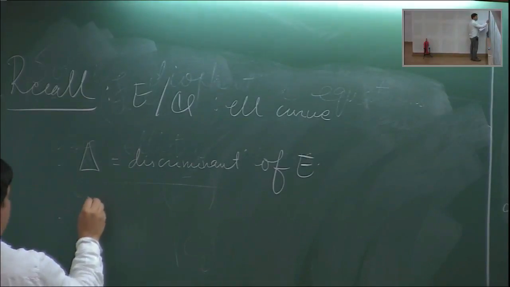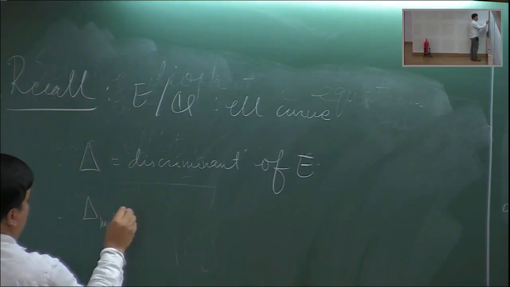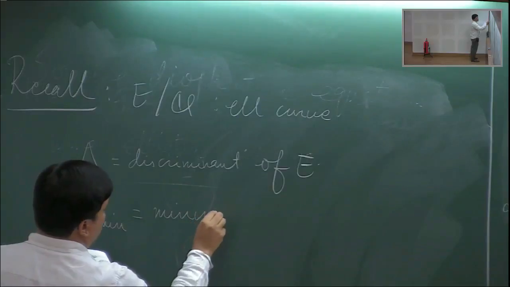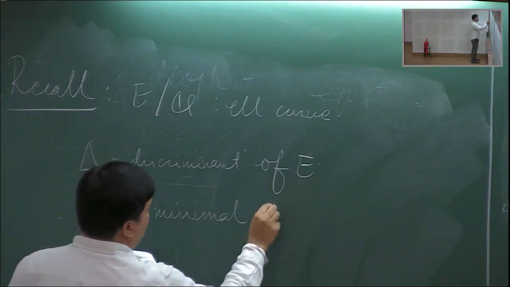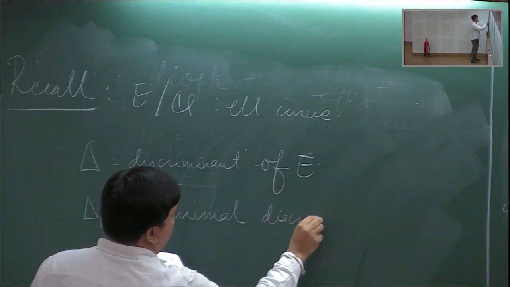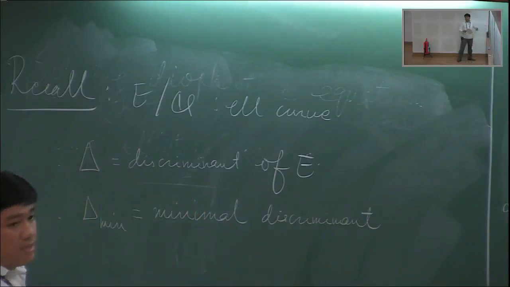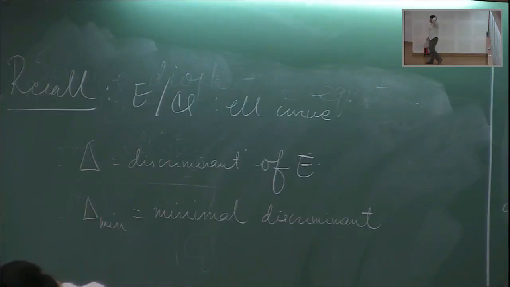So delta min is nothing but the discriminant of the minimal Weierstrass model of E.